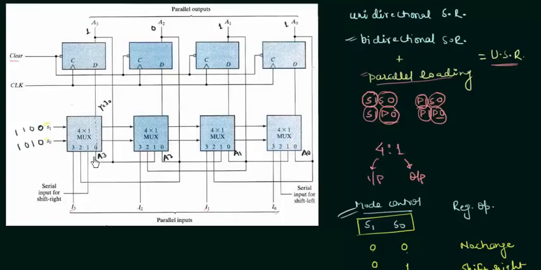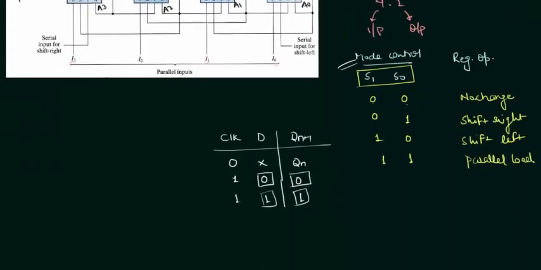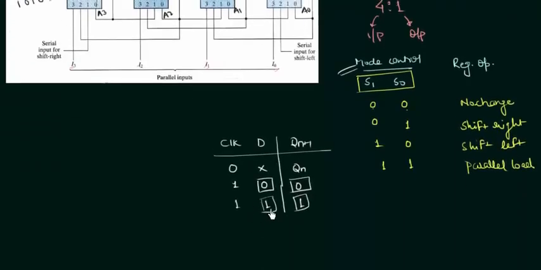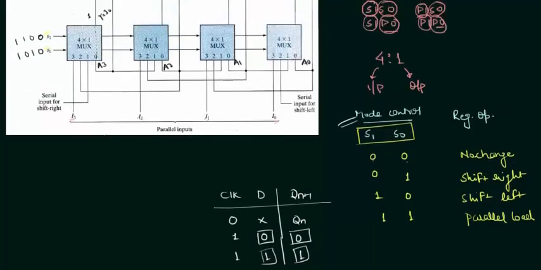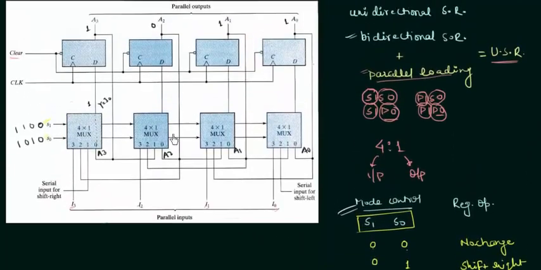Then we have 1 as the input for the first multiplexer, and it is connected to the output. So we have the output as 1, very simple, and again this D flip-flop is getting 1 as the input, and from the table you can see when D is 1, the stored value is going to be 1. So we have 1 stored in this D flip-flop again, so the output is going to be 1.